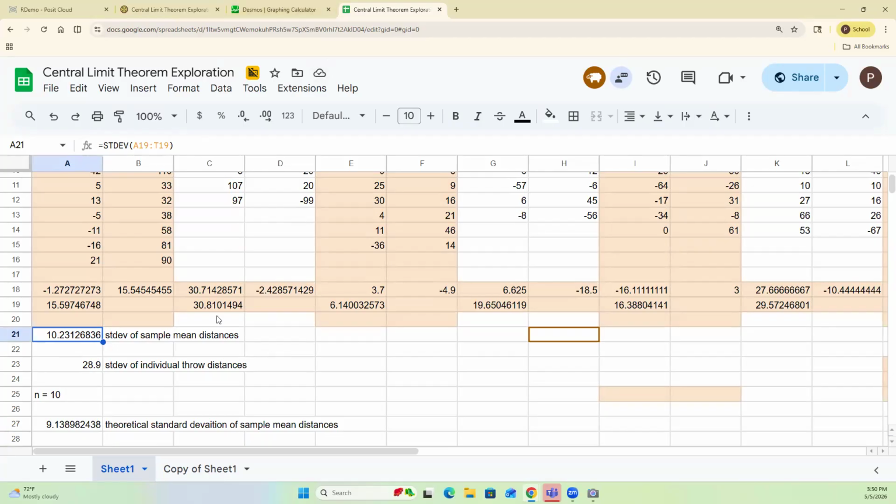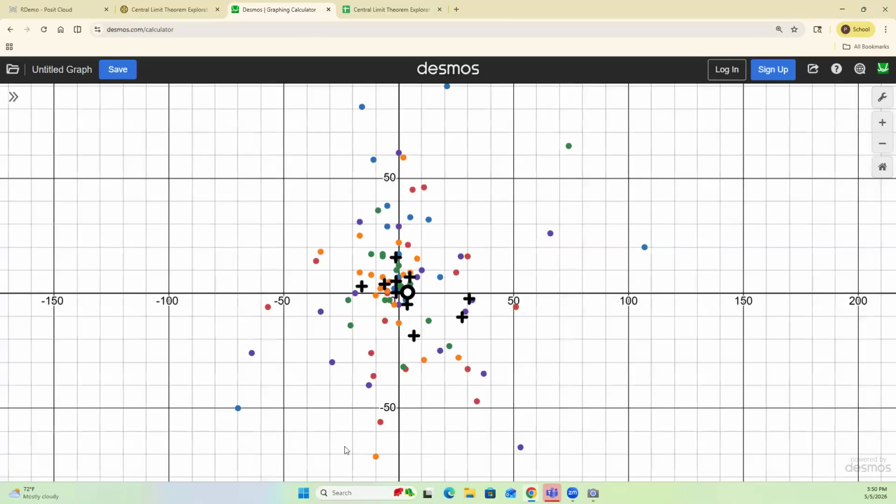So I do encourage you, when you're thinking about the difference between individual observations and how they're spread out versus sample means and how they're spread out, I think this picture is really helpful, because darts on a dartboard or balls thrown against a wall are an image that makes sense to me in a non-mathematical way.